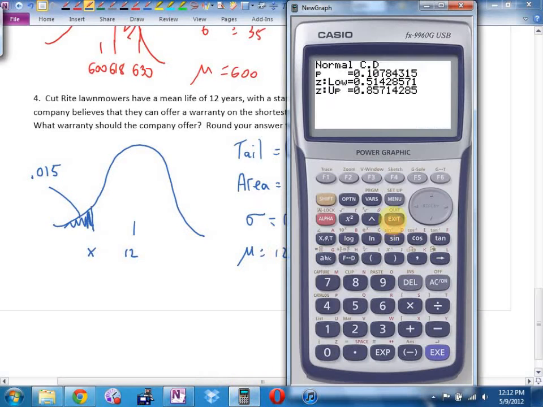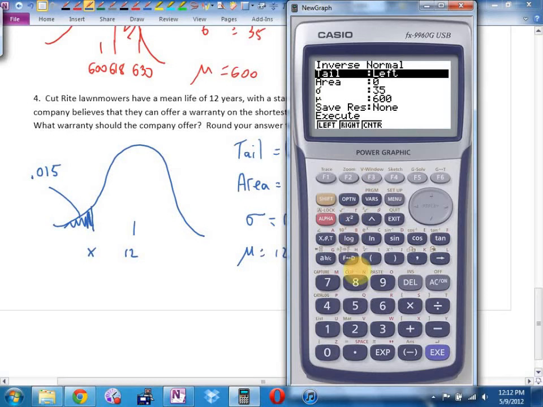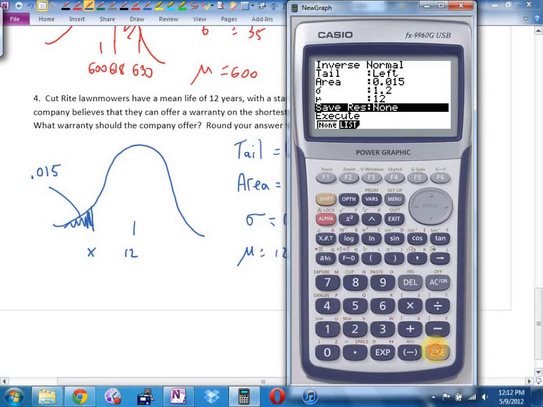Dist, norm, inv, tail is left. Area 0.015. Standard deviation was 1.2. Mean is 12. 9.4 years.